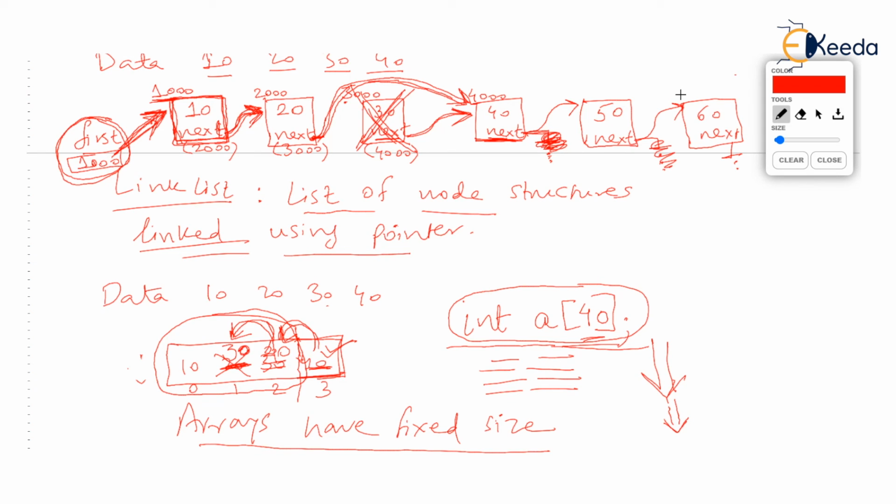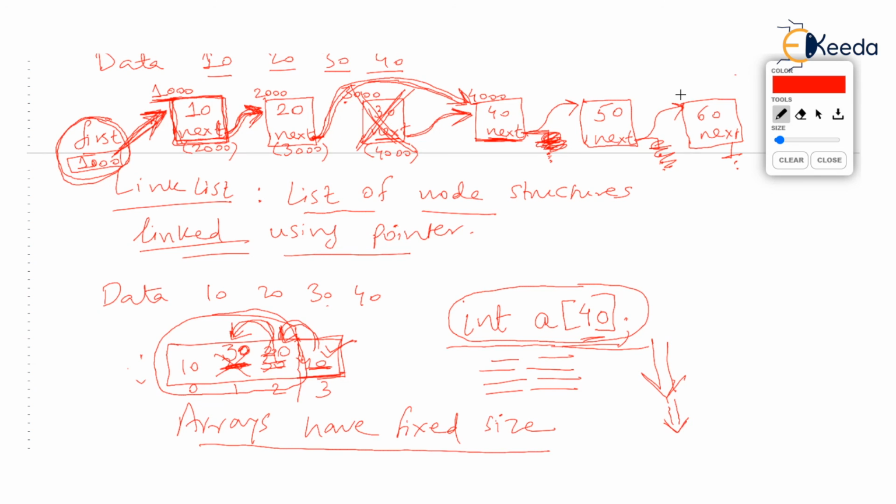There is no limit to this, and the linked list can grow, isn't it? But the array cannot grow. Once you declare an array of size, say, 1000, it will continue to have that size, and you can't store more than 1000 values in the array.